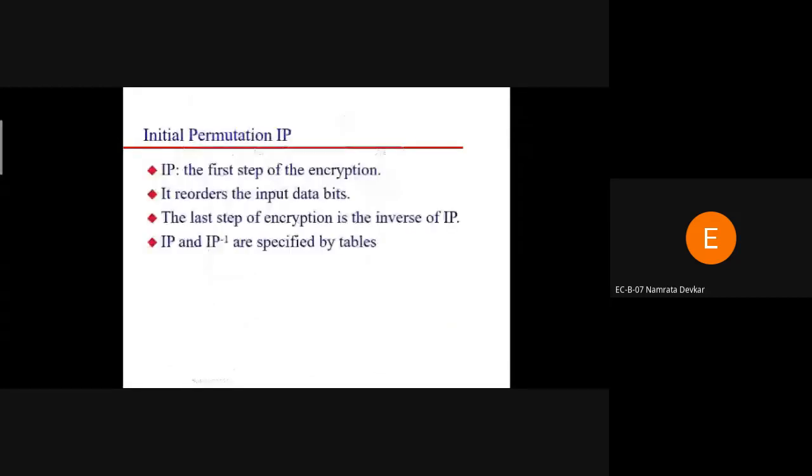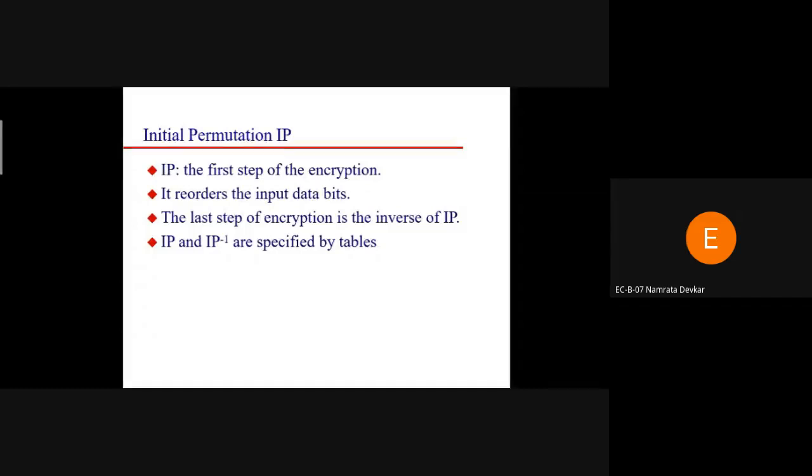So these are the steps of the initial permutation. Initial permutation is the first step of encryption. It reorders the input data bits. Our input data bits are 64 bits.